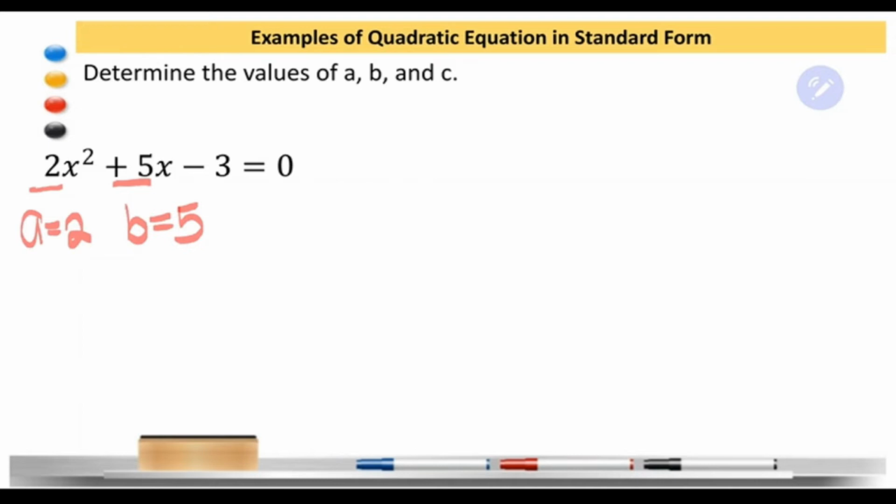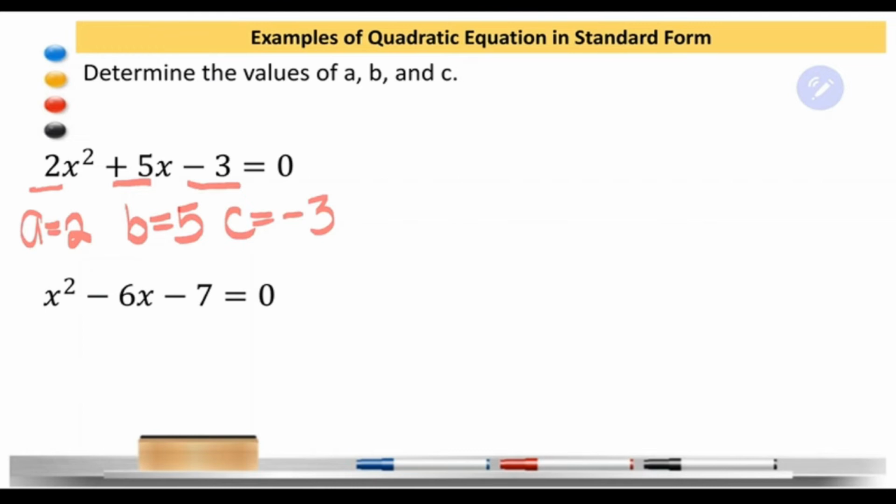And the value of c, our constant term, is equal to negative 3. So don't forget to include the sign. So in our example number 1, negative 3 is the value of c. And we don't need to write the positive sign in a and b.